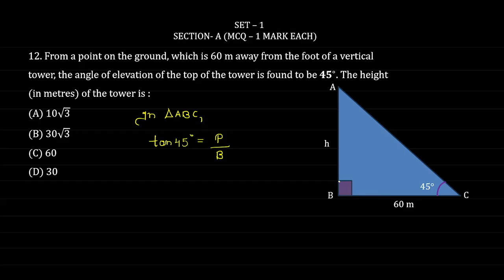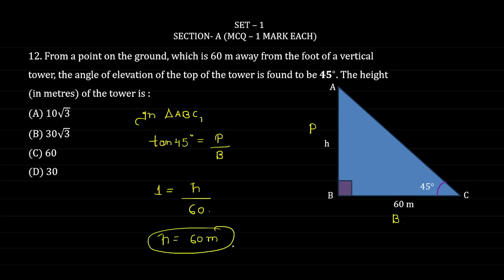So this is the perpendicular here and this is the base here, correct? Tan 45 degrees is equal to 1. Perpendicular means the height of the tower, AB or H we can take. Base is 60 meters. So H value is also equal to 60 meters.